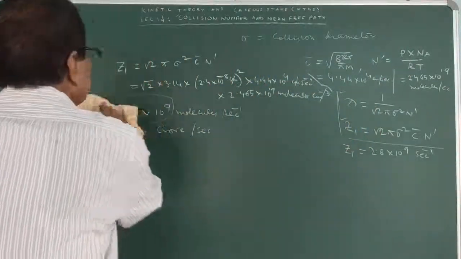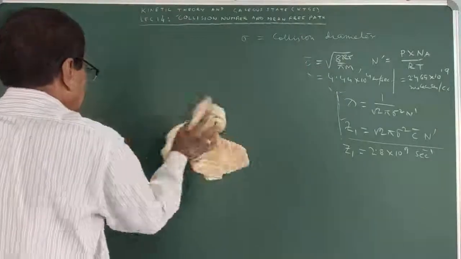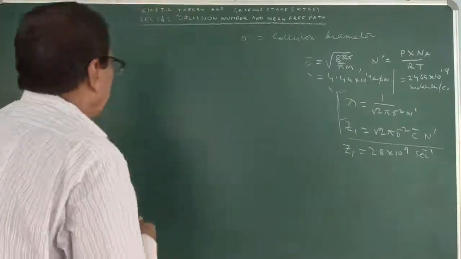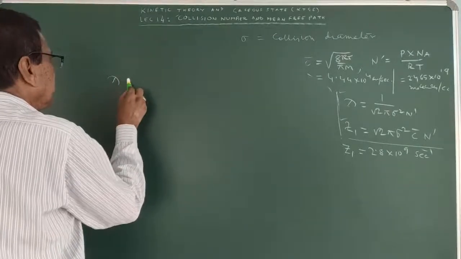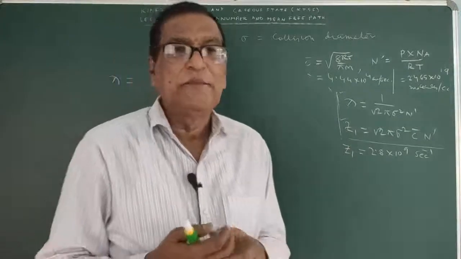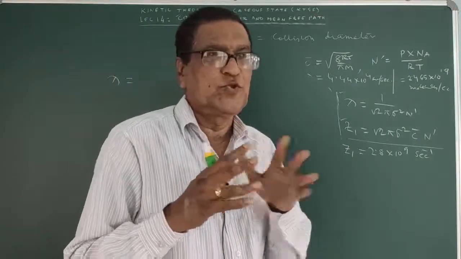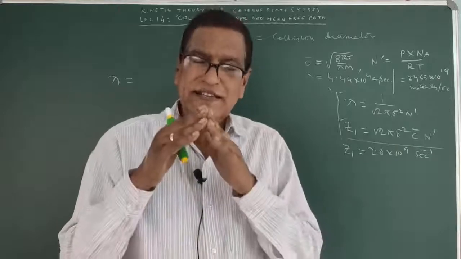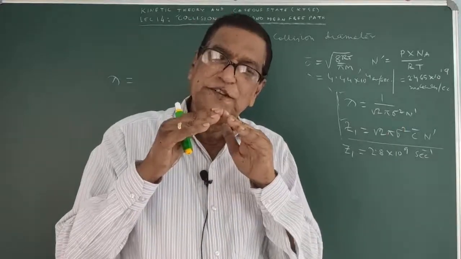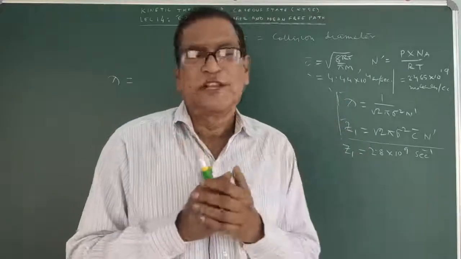So now we calculate the value of lambda. Lambda means mean free path, and we have already shown that it is the distance between two successive collisions of a molecule.